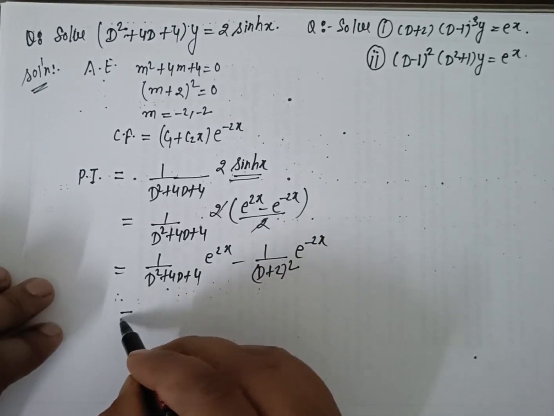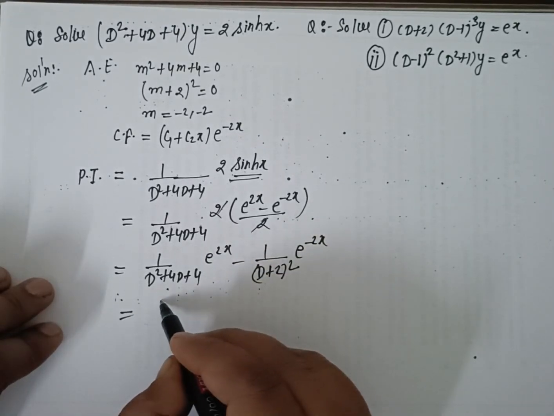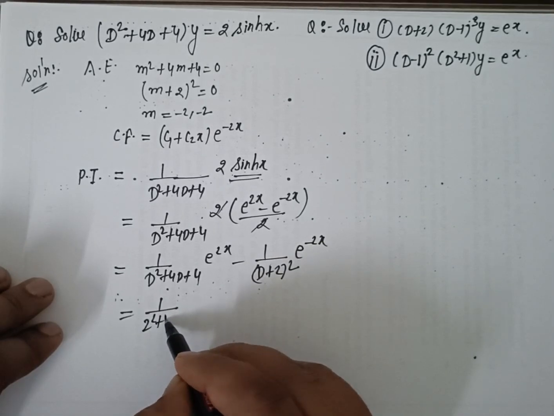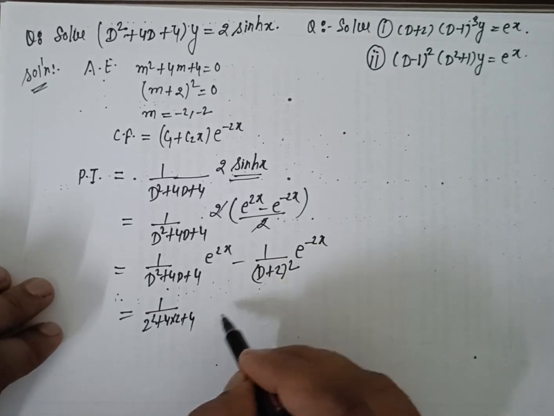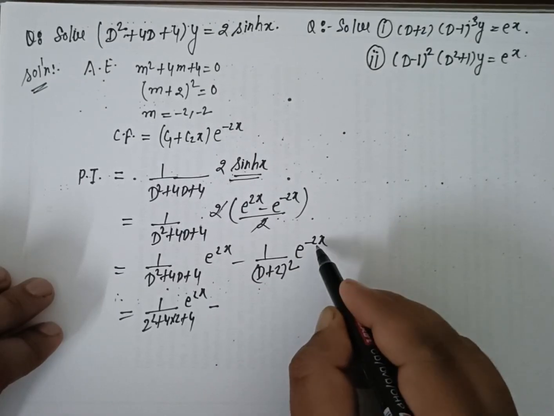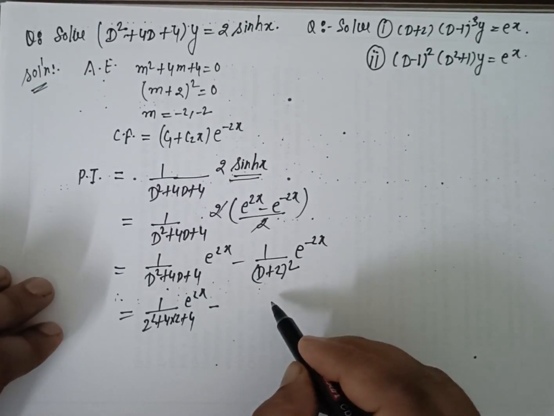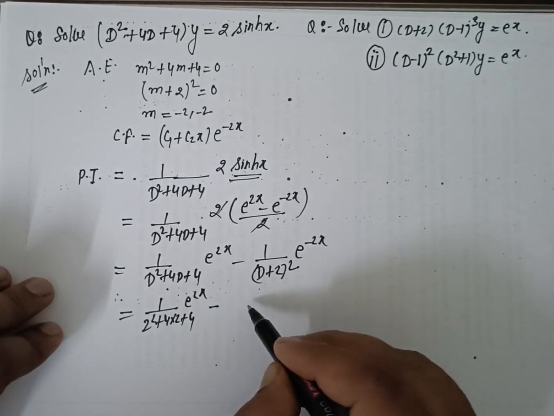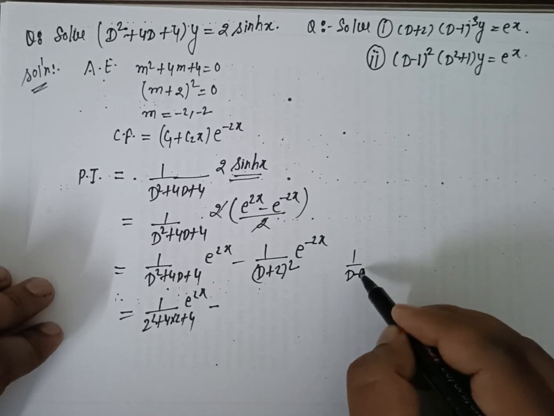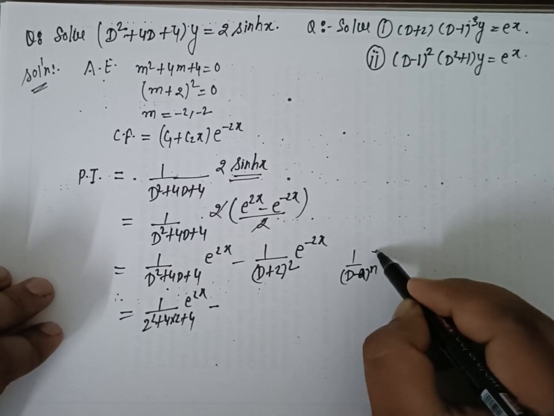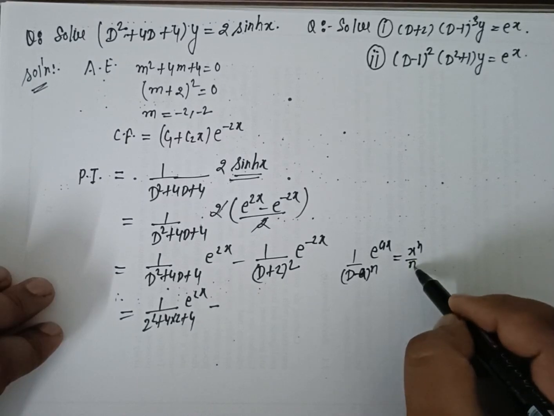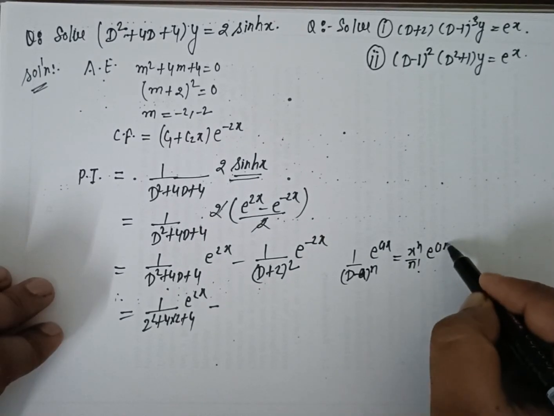Obviously, if we replace D with 2, it will be 2 square plus 4 into 2 plus 4, with e to the power 2x. If you replace D by minus 2, you will get 0. Then you can apply the formula 1 upon (D minus a) to the power n e to the power ax, that is x to the power n upon n factorial e to the power ax.